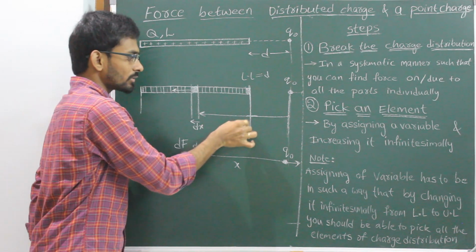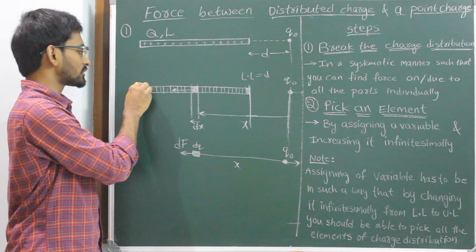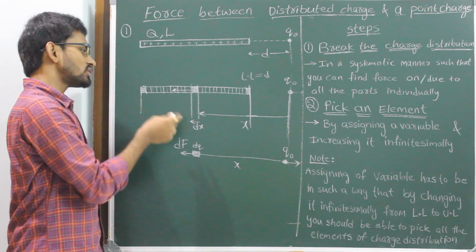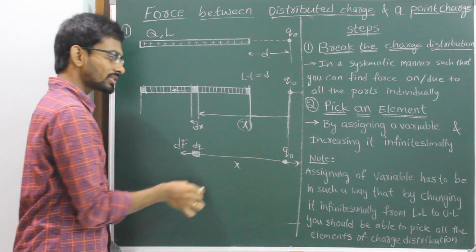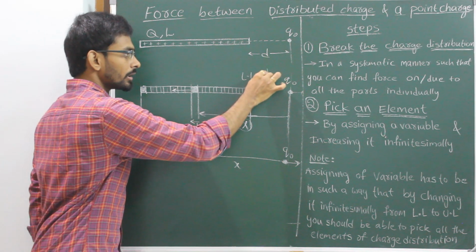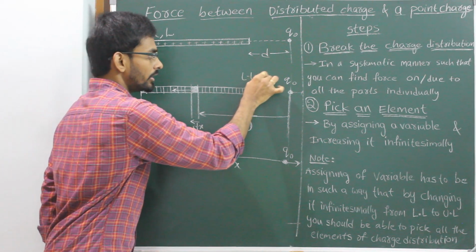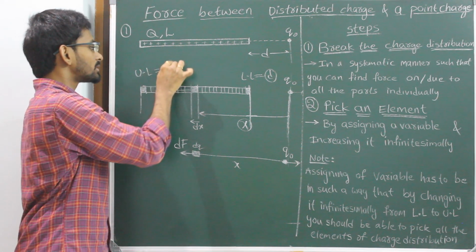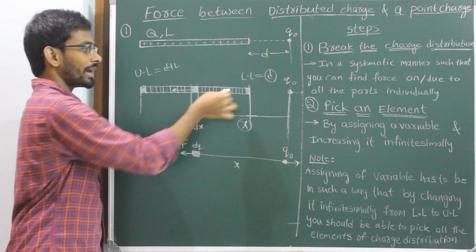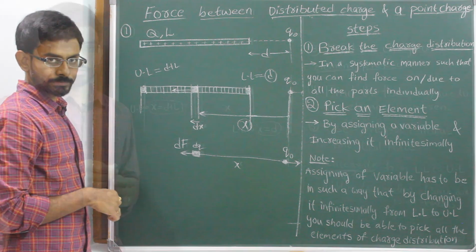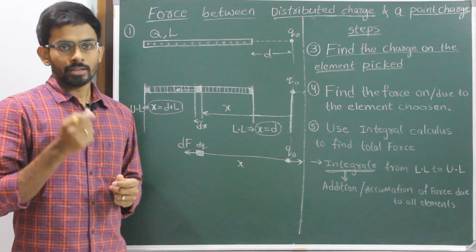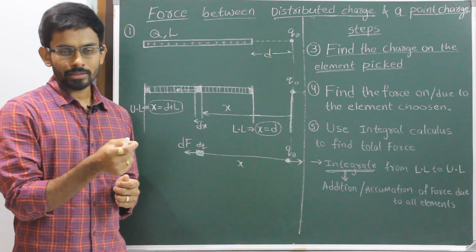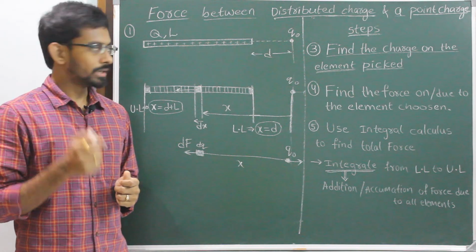And if I keep this x value as d plus l, I'll get this element. So if I change the value of x from lower limit d to upper limit d plus l, I'll get the entire rod in this case. So we have divided the charge distribution and we have picked an element by choosing a variable.